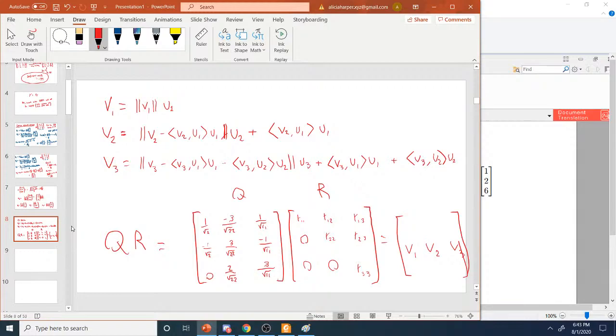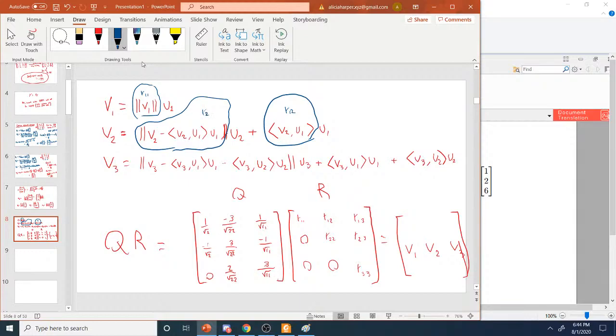And the relations between the R's, the Q's, or the vectors U's, and the vectors V's is precisely given by these relations up here. So R11 is just going to be this quantity. And then this quantity right here is going to be R12. This quantity right here is going to be R22.